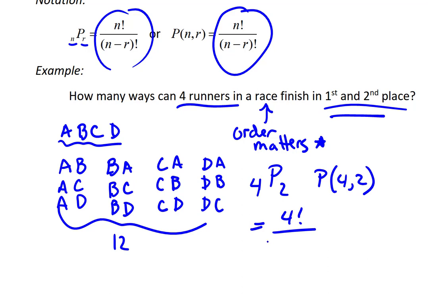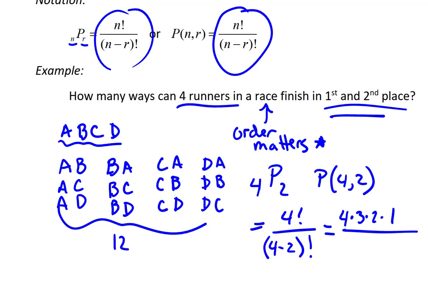In the denominator, we have n minus r. Well, that would be 4 minus 2. Out of the 4 possibilities, we're selecting 2 of them, and we want that factorial as well. Now, to understand factorial, remember, 4 factorial is really 4 times 3 times 2 times 1. If we just write that out quickly, 4 times 3 times 2 times 1, I think you'll see that the arithmetic's pretty simple here.